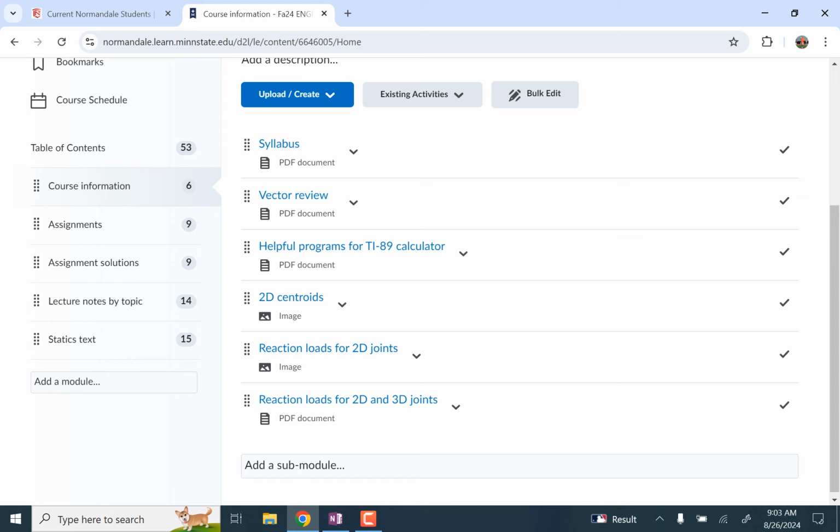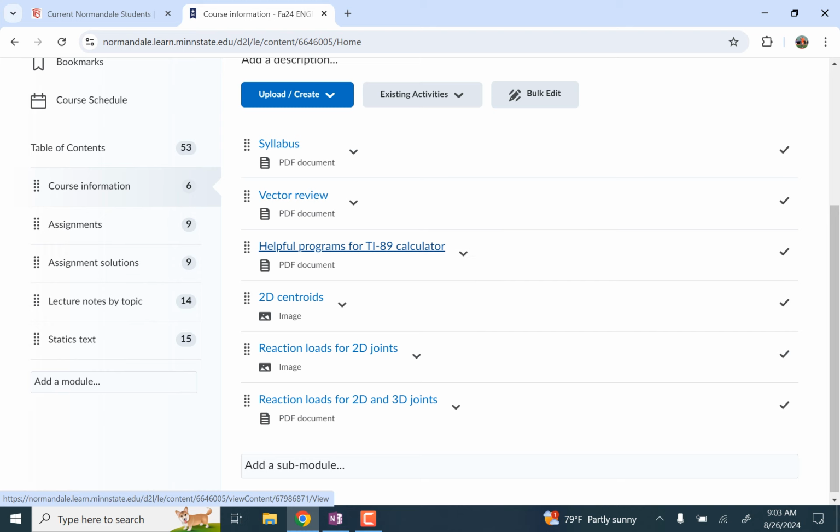Everybody is going to need to have some kind of graphing calculator, a calculator that solves systems of equations. TI calculators are what most people use, but other companies make ones that are perfectly good. We'll talk about that more as we get there, but this just gives you some programs that you can enter by hand that can make stuff a little quicker.